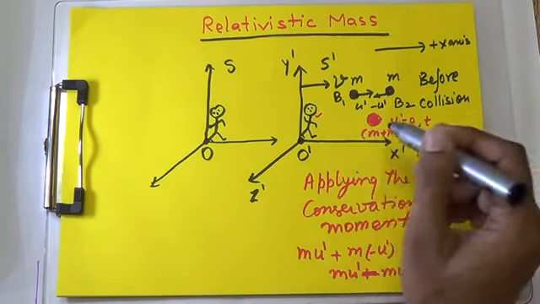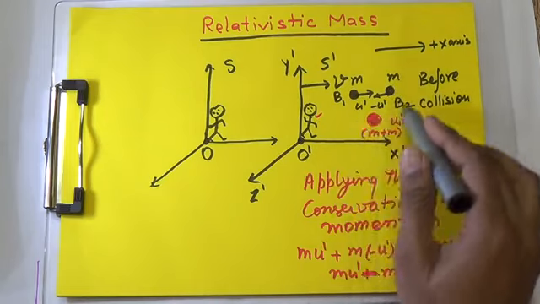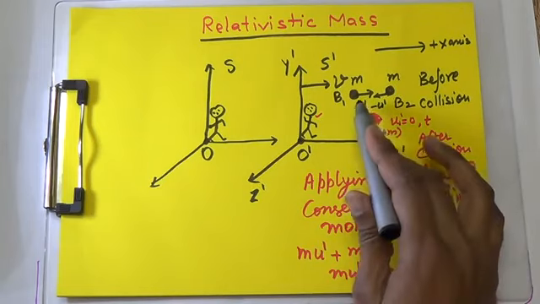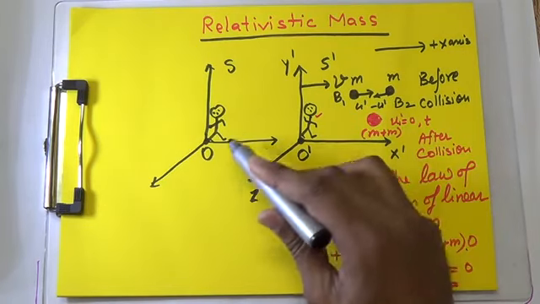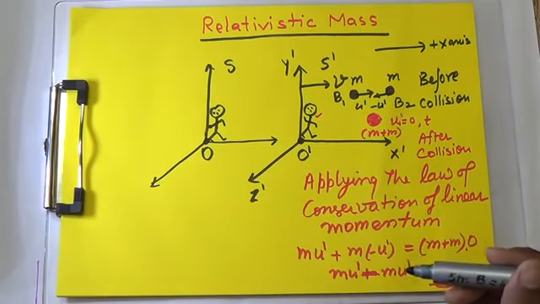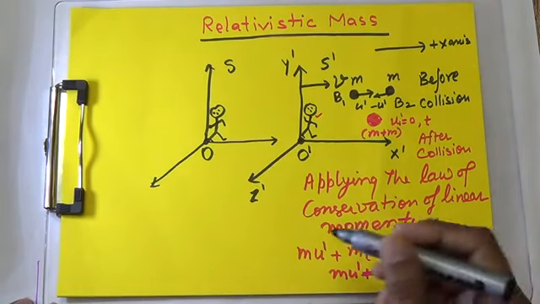Now we have to find out this particular situation of the collision of the two balls according to this man O. What he observed basically?